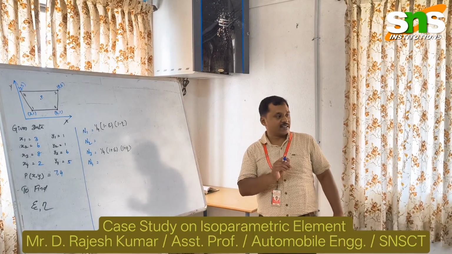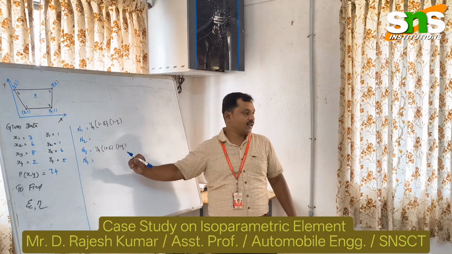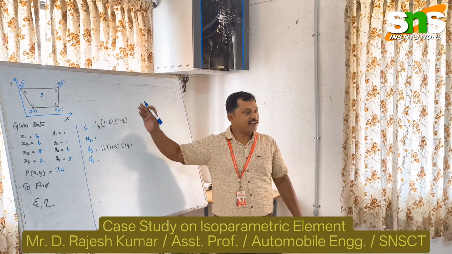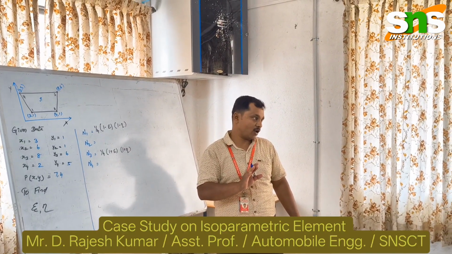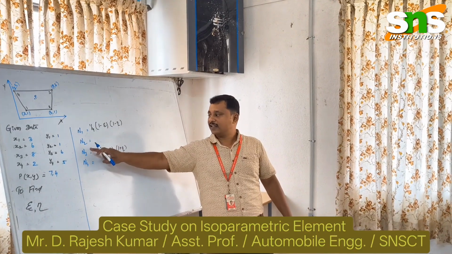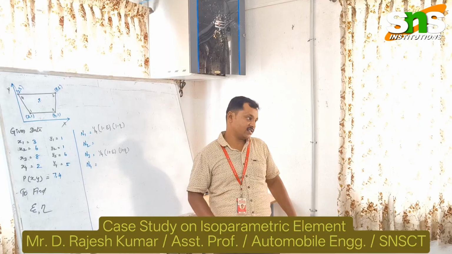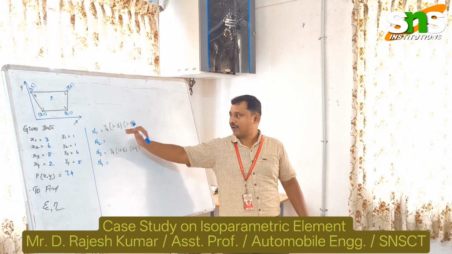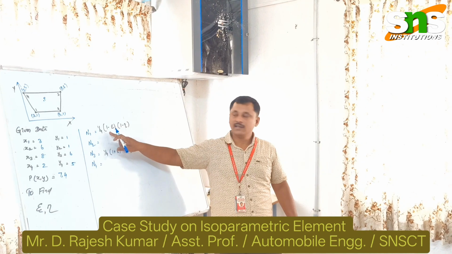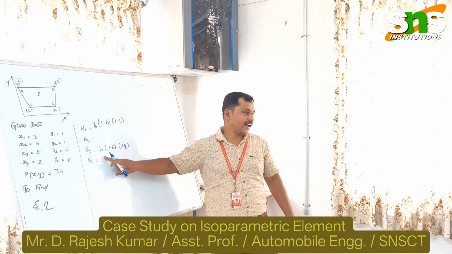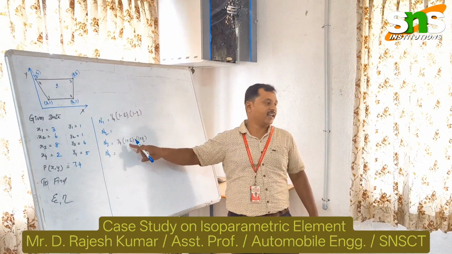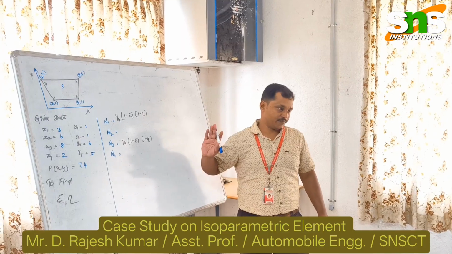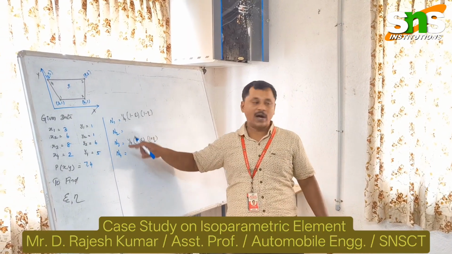To find the shape functions for this case or any isoparametric element, there is a standard derived formula. So in order to find n1, this is the formula. For n1 and n3, epsilon and eta are entirely minus or entirely positive sign. And the next are n2 and n4.